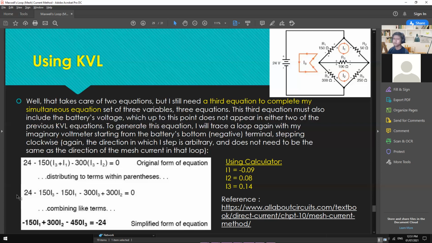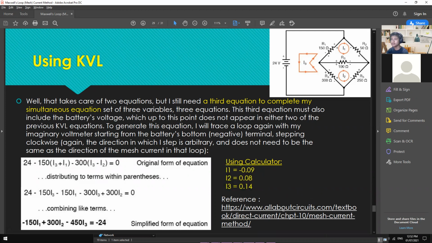Though it's still possible, it is super hard, especially if you're an expert at eliminating other variables to come up with one single unknown. But as long as you have the three equations and they are correct, you will get these values of I1, I2, and I3 right here.